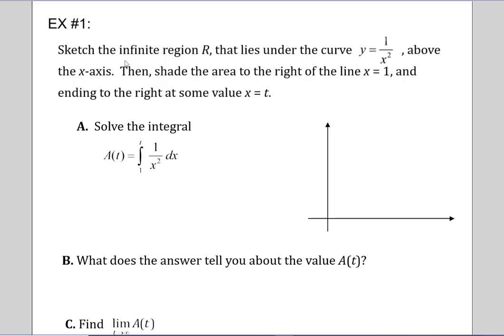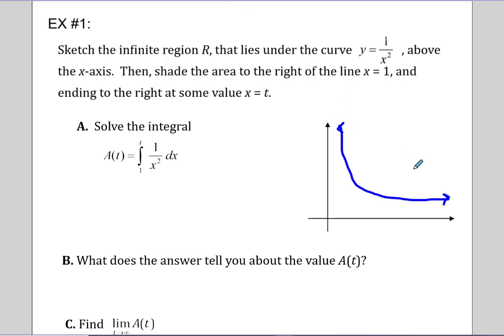In this first example, we want to sketch the infinite region that lies under the curve of 1 over x squared. We're going to sketch that so that our lower bound is at 1. So this is the branch of 1 over x squared.